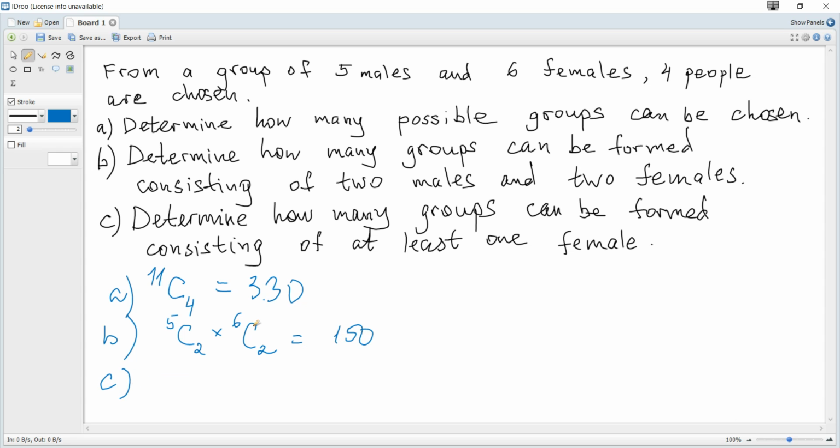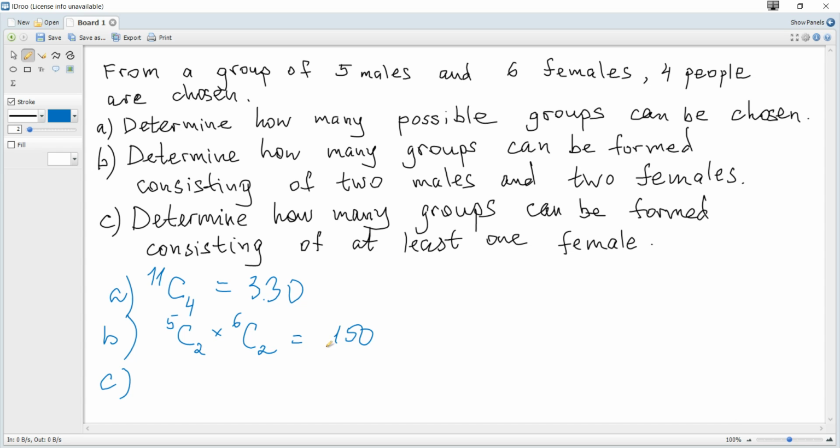C. Determine how many groups can be formed consisting of at least 1 female. And usually "at least 1" can be calculated as the total number of ways minus the number of ways to get unwanted groups or events.